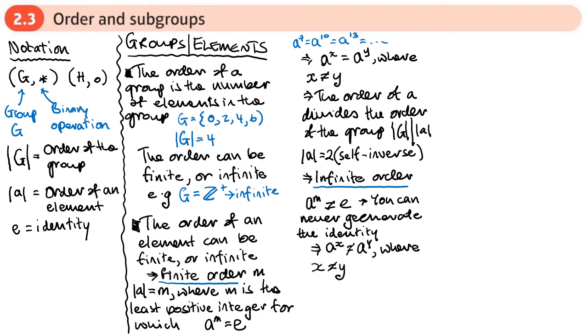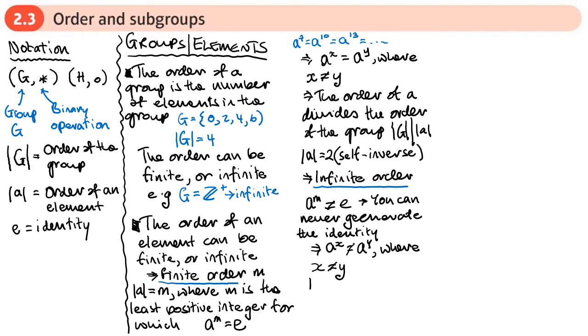And then lastly, to do with groups and elements, are generators. If we have an element that's a generator of a group, its order will be the same as the group.